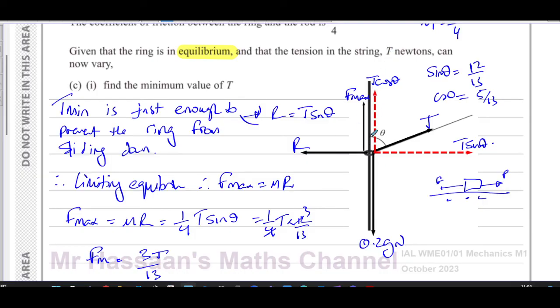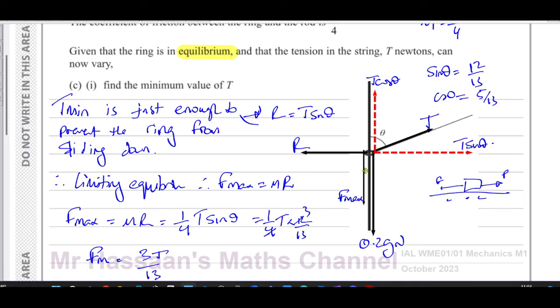So the friction now will start acting in the opposite direction, because friction always acts in a way to prevent the motion. As you increase T, it's going to be trying to pull the ring up the slide eventually. The higher it gets, the force up is going to get more until eventually it's going to start sliding up the plane, but the frictional force will prevent it.